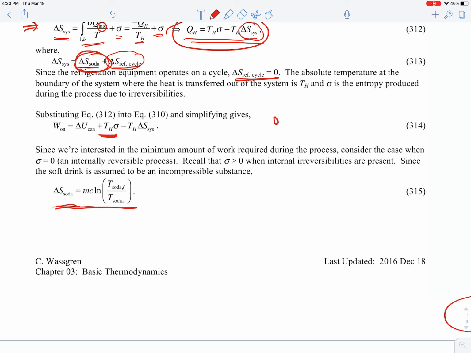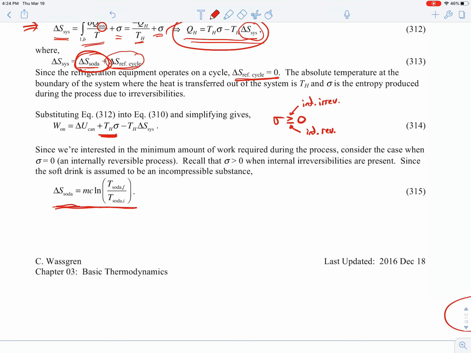Remember that sigma is either greater than or equal to 0. That's the entropy production. The greater than corresponds to internally irreversible, and the equal corresponds to internally reversible. So to make the work minimum, we would want sigma to be 0. Of course, it can never be negative because that would violate the second law. We can't have that. So at best, what we want to do is have an internally reversible case.